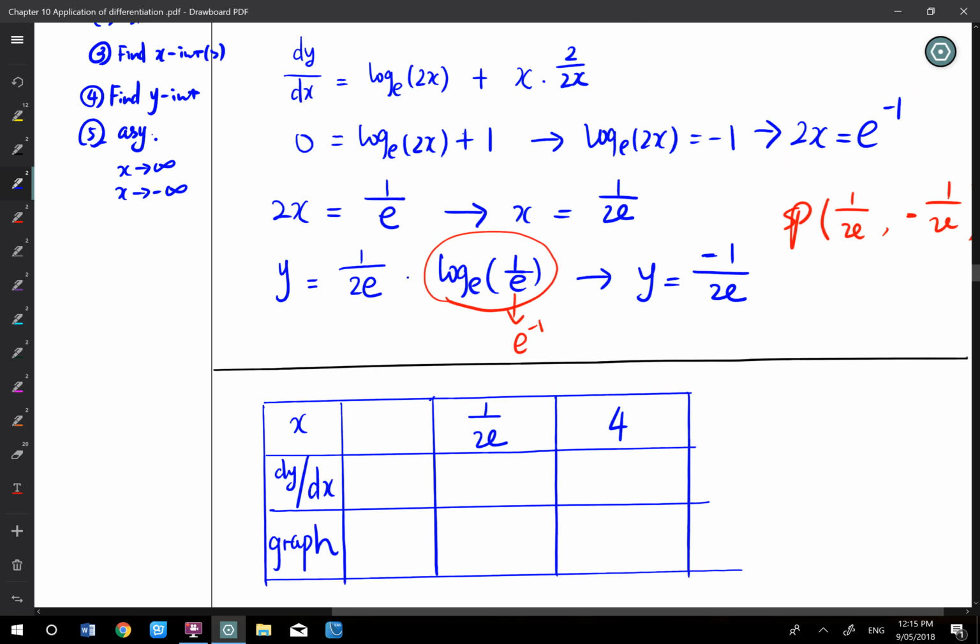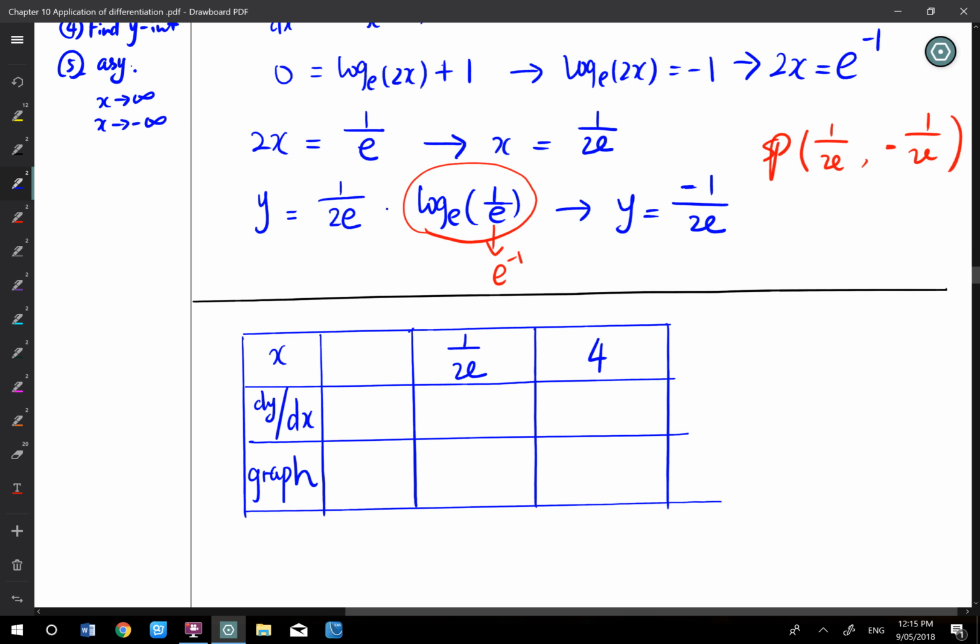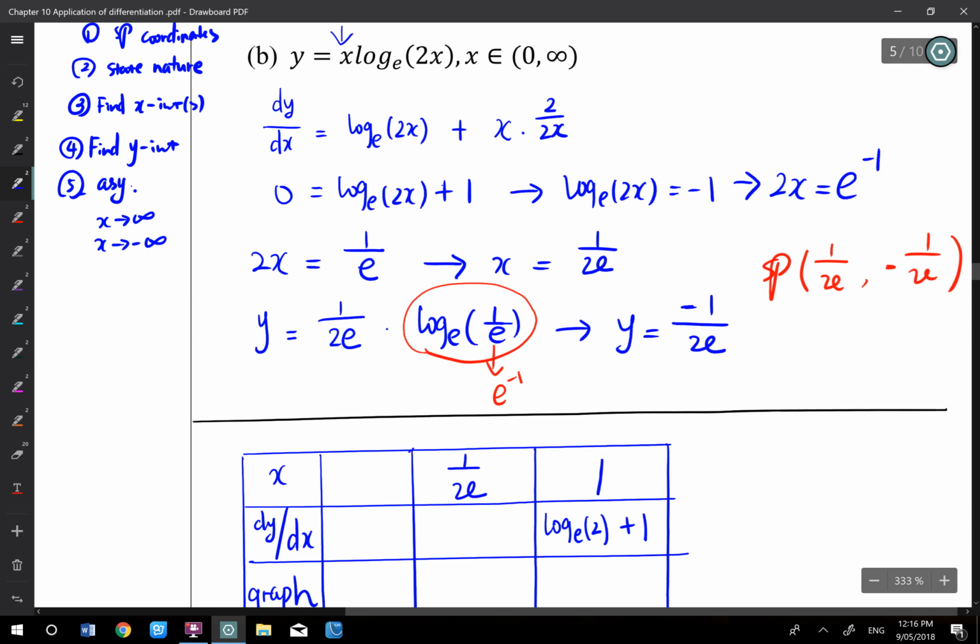So if I select 4, what I will have is 2x. So I can select just a 1. So what I will get is log e 2 plus 1. Right? Log e 2 plus 1, substituted into the dy/dx.